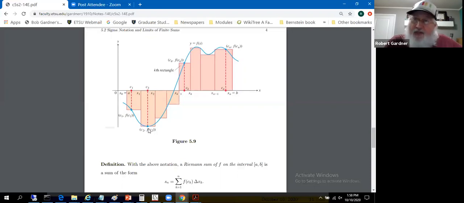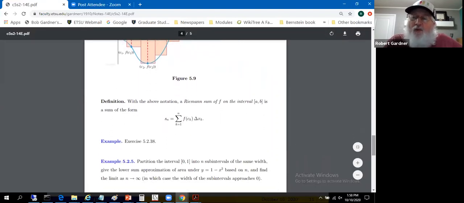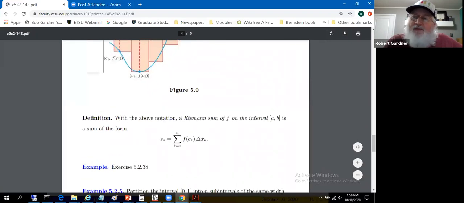I'm thinking area, I'm getting negative numbers though. Similarly here and here. Over here, same thing, width times function value. It's positive over here, so I can legitimately say area over here. On the right, we've got legitimate area. On the left, we're getting negatives of areas because we're dealing with Riemann sums.